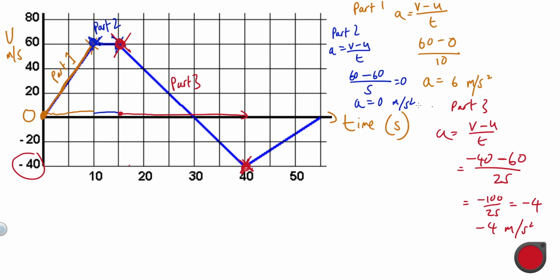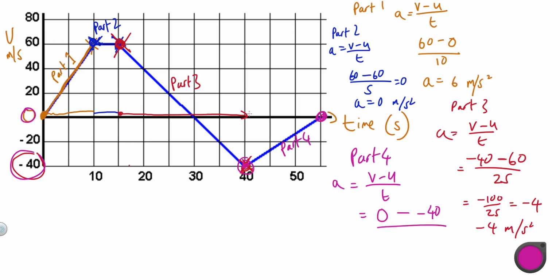Right, for the last part of our journey, we'll call it part 4. It will be a positive gradient, because the graph is going up. The final velocity there is 0, and the initial velocity right there is negative 40.